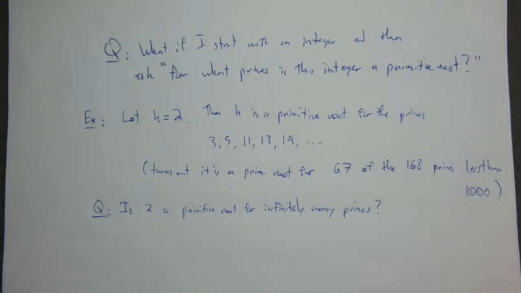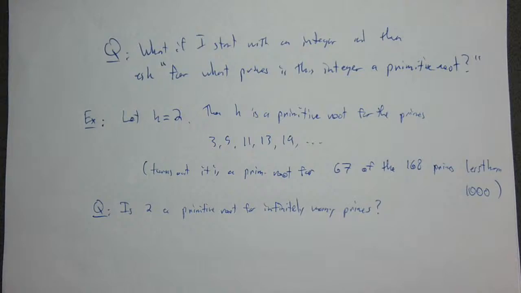I might state the general question. It's called Artin's conjecture: the more general sort of statement is whether a given integer is a primitive root for infinitely many primes. The only proofs that exist of this assume the generalized Riemann hypothesis, which itself has not been proven.